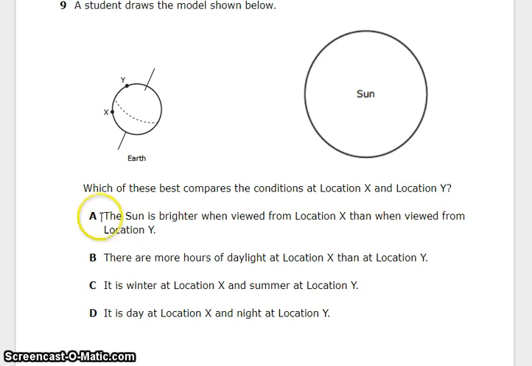A. The Sun is brighter when viewed from location X than when viewed from location Y. B. There are more hours of daylight in location X than at location Y. C. It is winter at location X and summer at location Y. Or D. It is day at location X and night at location Y.